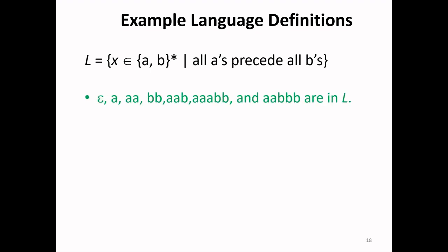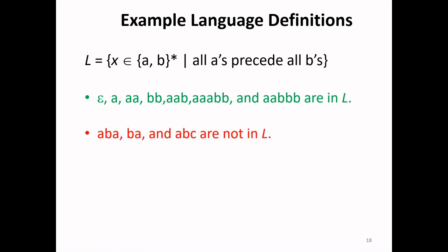For example, possible strings of this language are epsilon, A, two A's, two B's, A's followed by B's, where all A's are preceded by all B's. So all these strings are present in the language.